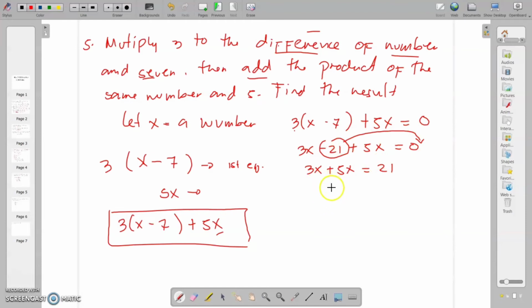So, ang magiging labas niyan is 3x plus 5x is 8x equals 21 over 8, para makuha si x. So, that's the simplest form of solving. So, that's it. Thank you and God bless.